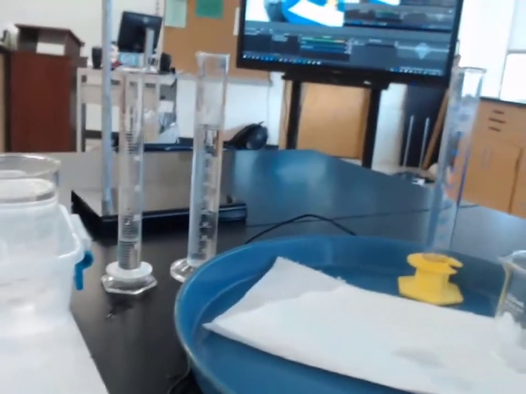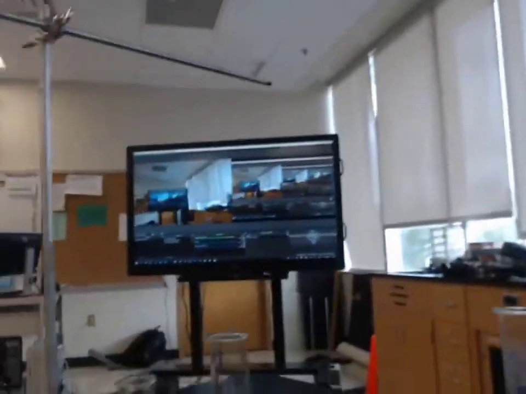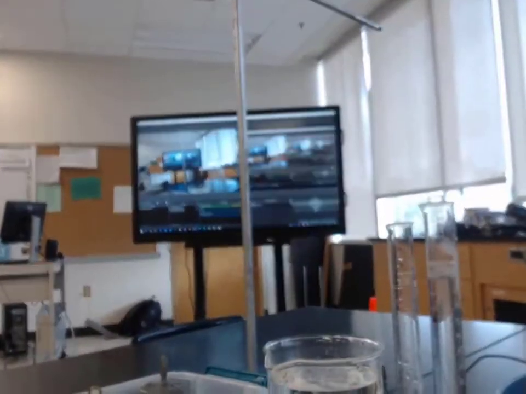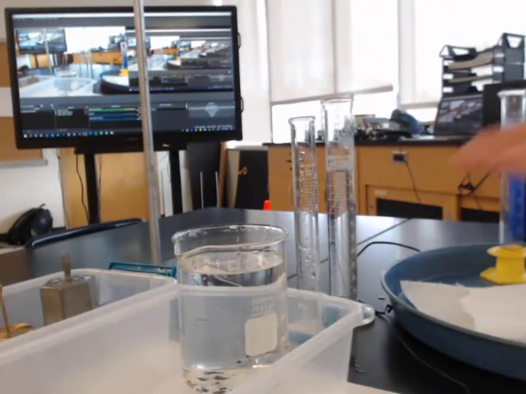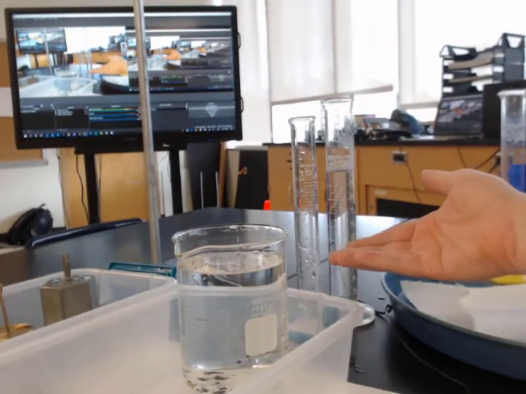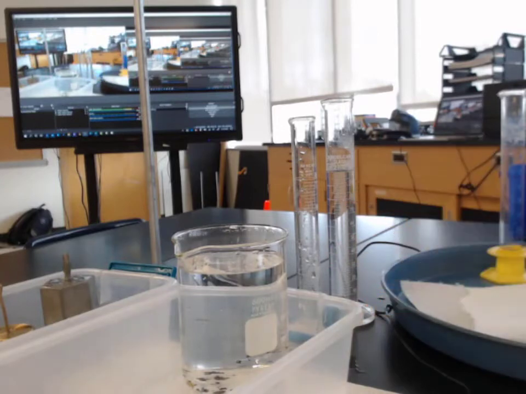And because 1 milliliter of water has a mass of 1 gram, we also know that the mass of this displaced water in these two graduated cylinders is about 112 grams.